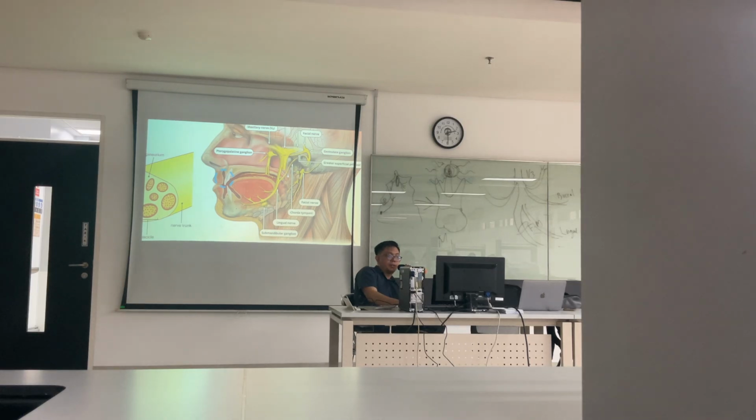This is important. This is the chorda tympani, the nerve that connects from the facial nerve to the lingual nerve. This also connects to the pterygopalatine ganglion from the facial. In here and to here. The facial brings parasympathetic fibers and they will go to the lacrimal gland.